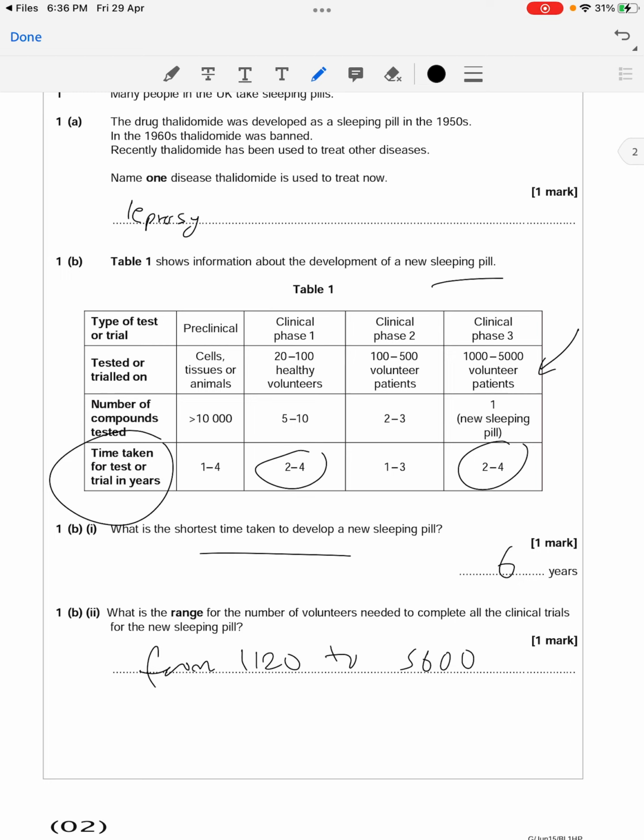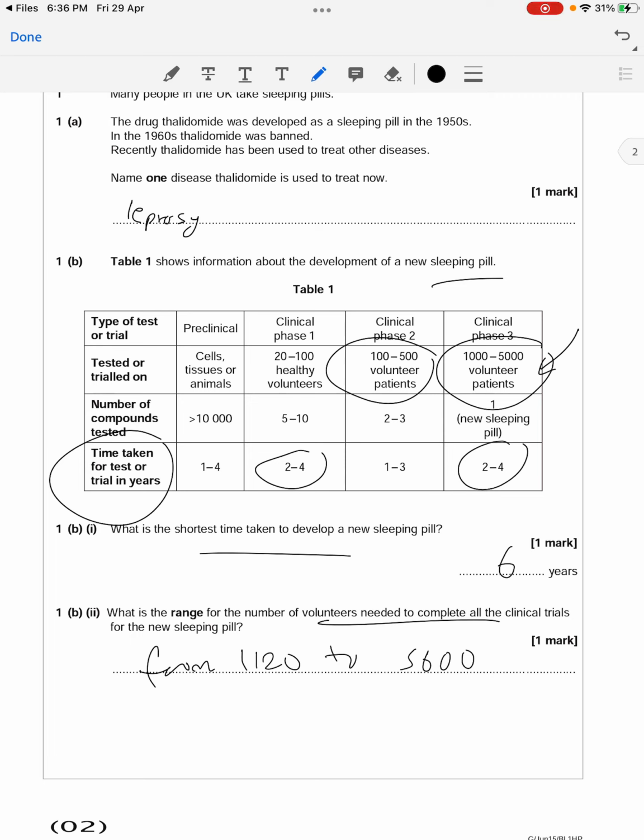Why am I giving this range? We have to look at the number of volunteers. The number of volunteers is about 100 to 500 patients, and we have about 1,000 to 5,000 patients.